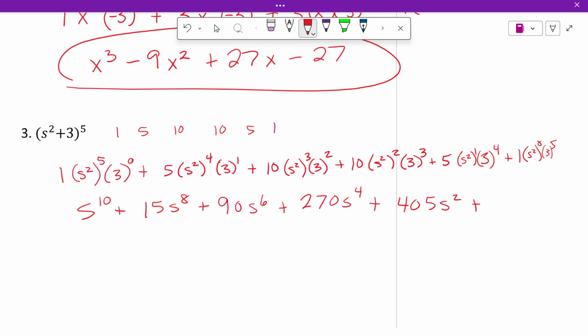So if this was 81, times another 3 would be 243 times 1 is 243. s squared to the 0 is 1. So it's just 243. Straight. Okay.